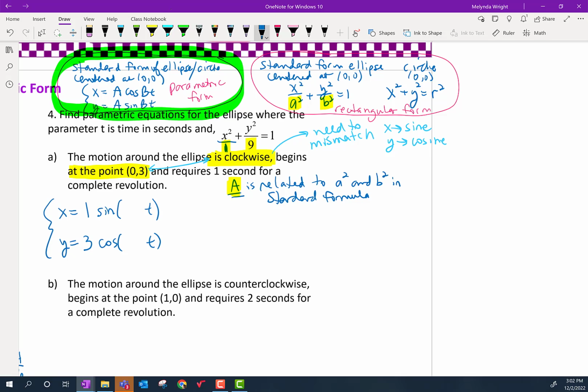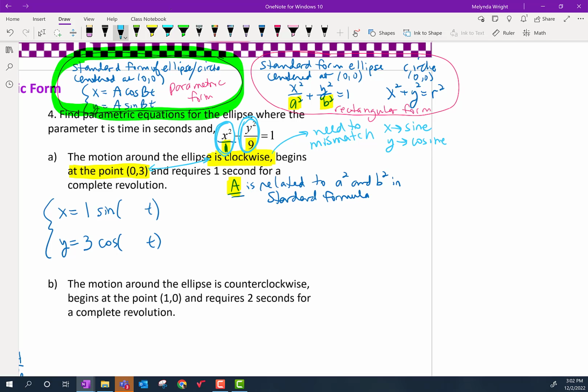And they're paired with the variable that they are underneath. The 1 goes with the x, the 3 goes with the y. It doesn't matter whether it's sine or cosine. Makes no difference. Okay, that's where the a comes from. How are we doing with the a?